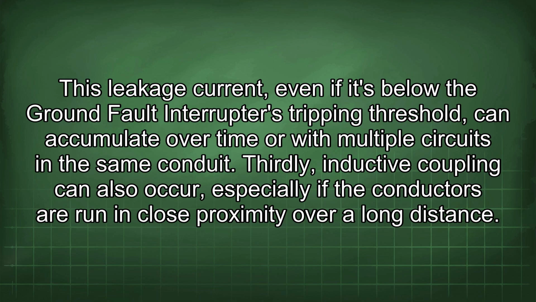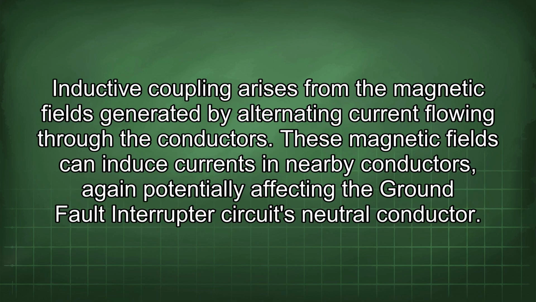Thirdly, inductive coupling can also occur, especially if the conductors are run in close proximity over a long distance. Inductive coupling arises from the magnetic fields generated by alternating current flowing through the conductors. These magnetic fields can induce currents in nearby conductors, again potentially affecting the ground fault interrupter circuit's neutral conductor.